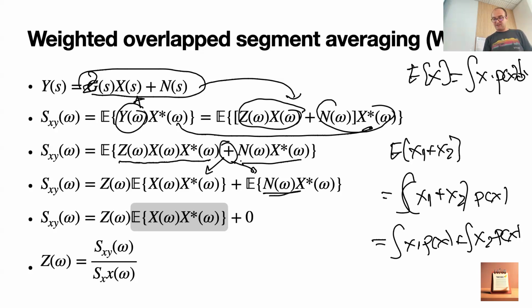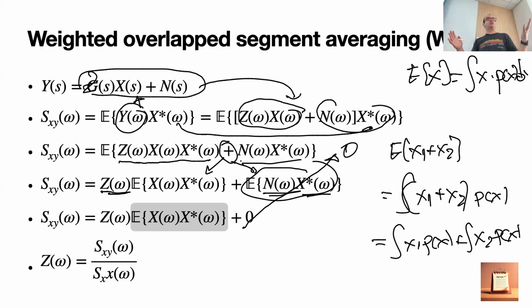Is the noise of Mother Nature correlated to our signal? No. These two signals are not correlated at all, so this is 0, and this is what I'm left with. Our impedance is not unknown, it's there, and it's not random like our signals, so we can take it out of the expectation value.